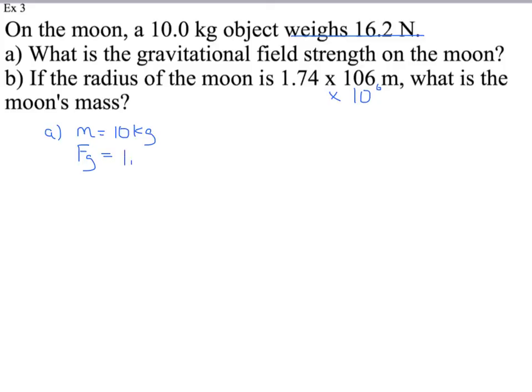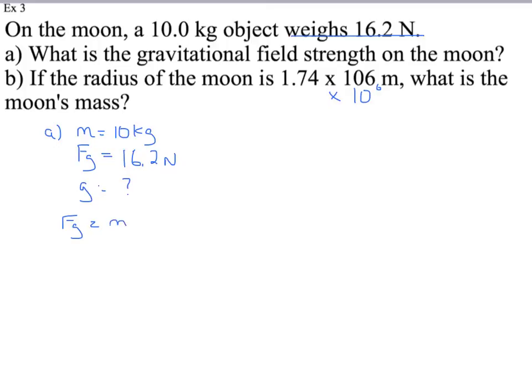It is 16.2 newtons. And they're looking for the gravitational field strength. And just remember, gravitational field strength or gravitational field intensity, that's little g. That's what we're looking for.